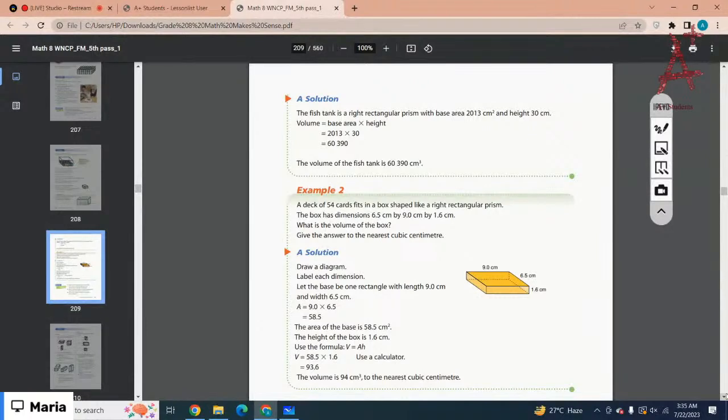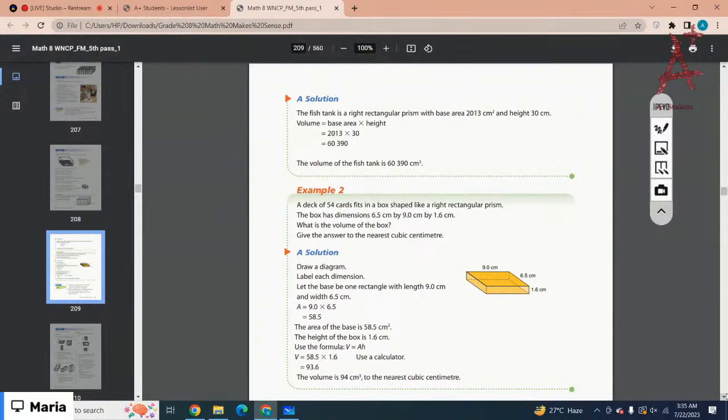Calculate the area. Let the base be one rectangle with length 9 centimeter and width 6.5 centimeter. Just calculate the area. For the rectangular face it is length times width. So that would be 9 times 6.5. So the area is 58.5. Then the area of the base is exactly the same measurement. So it is 58.5.